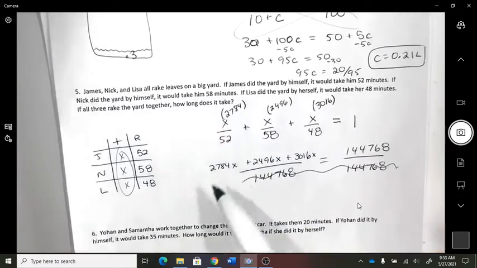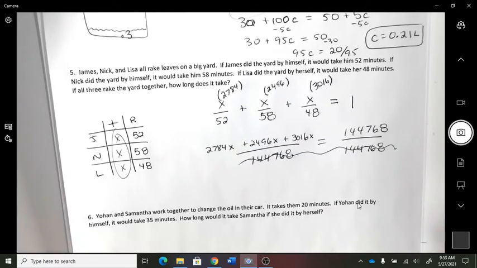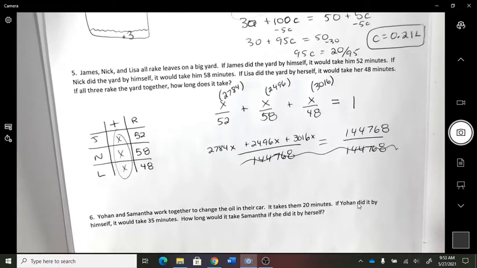Okay, common denominator drop. So I'm going to add up all of those amounts of x's because I can put them all together.